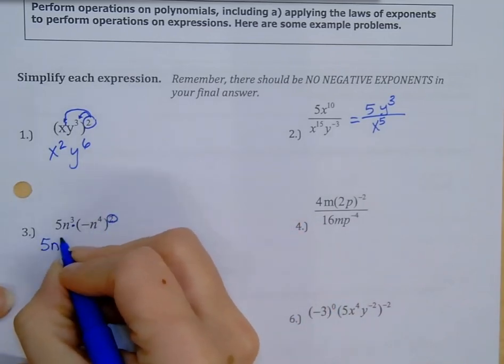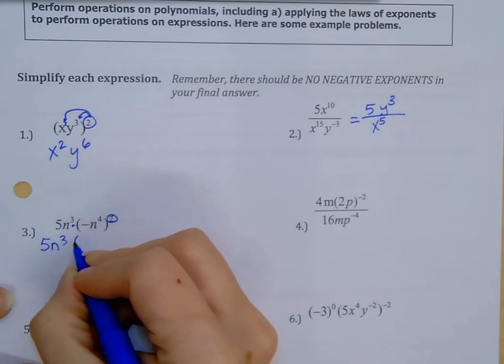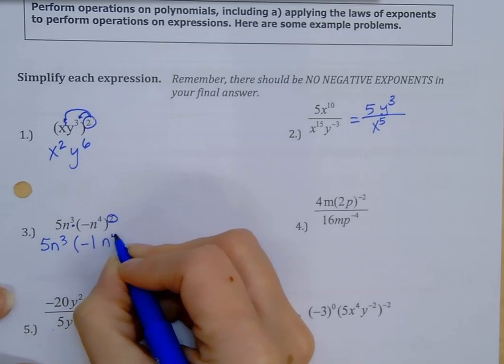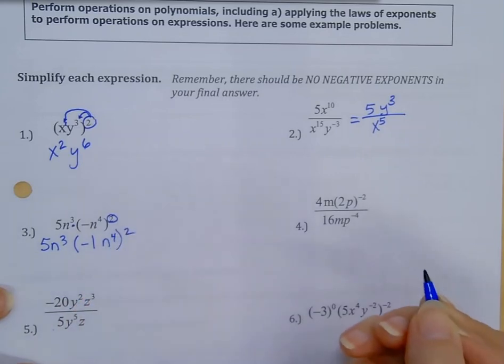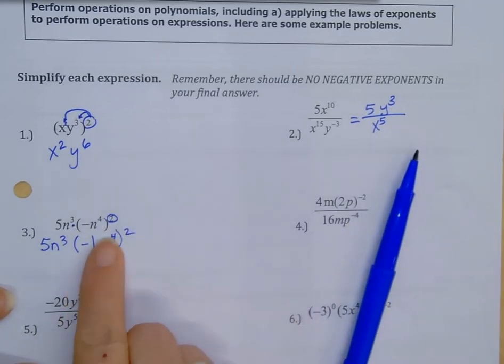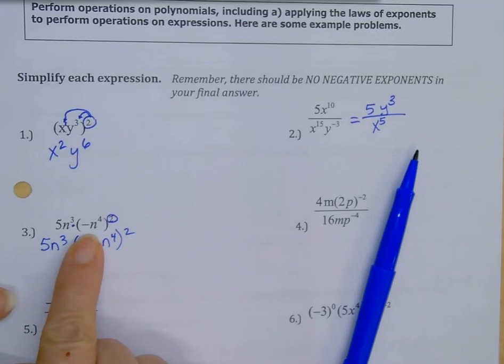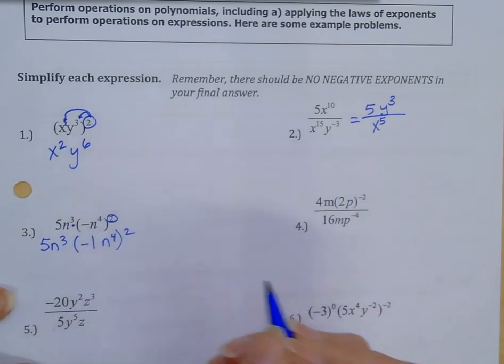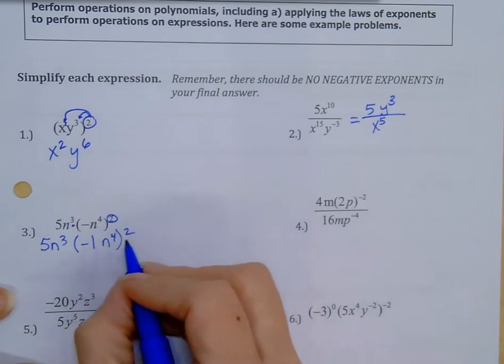We have 5n to the 3rd times, if you imagine, negative 1 times n to the 4th inside those parentheses. If I just had negative 1 in parentheses squared, it would be positive 1. And then, of course, I have n to the 4th squared, so I'm going to distribute this outer exponent, but imagine that the negative 1 is in parentheses.